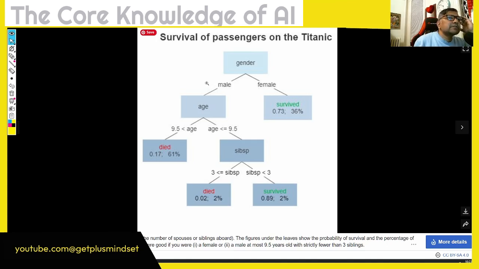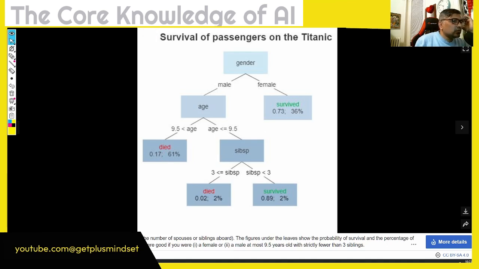This is a very interesting picture, that is the survival of passengers on the Titanic. The gender is divided into two types, male and female. What was their age? Less than 9, they all died. Greater than or equal to 9 is the statistic of the other survivors.